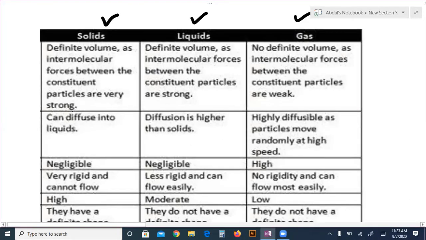Liquids also have definite volume as intermolecular forces between the particles are also strong. Look, intermolecular forces are stronger than in gases. But in liquid, it's a little bit smaller than solid, but both are strong compared with the gases.